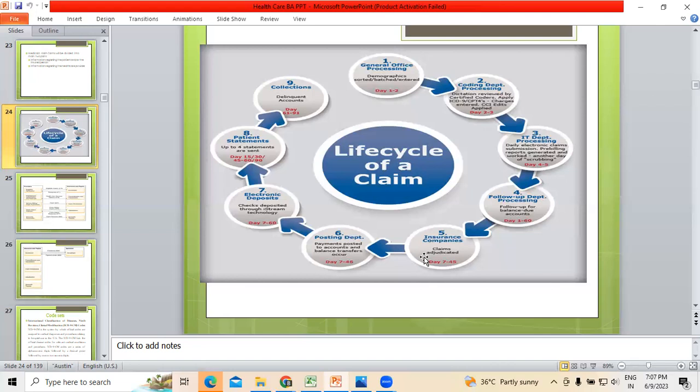The patient statement has to be provided, because it contains the detailed information about the patient from when he joined the hospital till the discharge summary, because the discharge summary is also required. Sometimes, I don't say this is a recurring practice. Let me go back to claim adjudication and tell you.